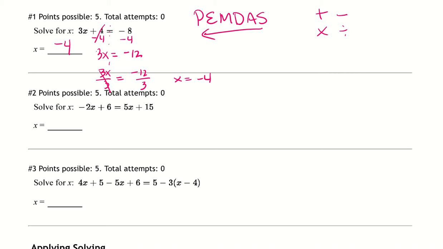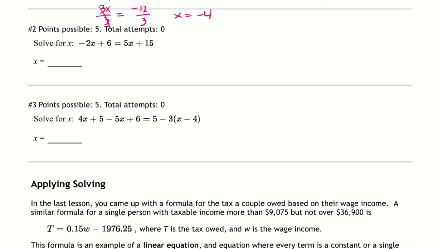When I have variables on different sides, I need to get them together first. So I like to add or subtract the smaller one. Negative 2 is smaller, so that's the one I would prefer to move. And now it looks like the one above. So I'm going to subtract the 15. I'll get negative 9 equals 7x.